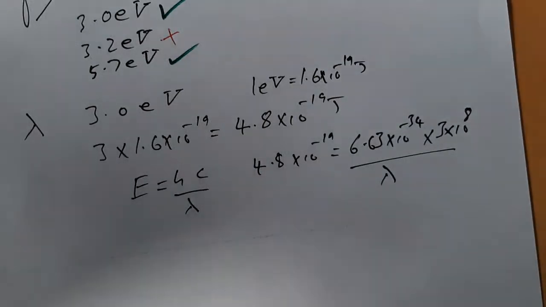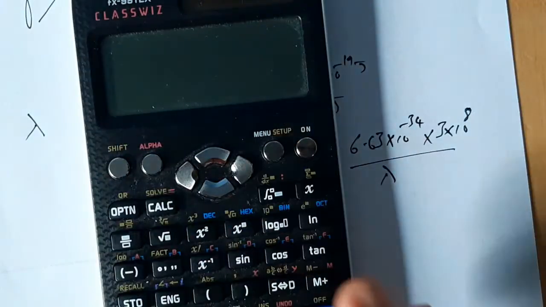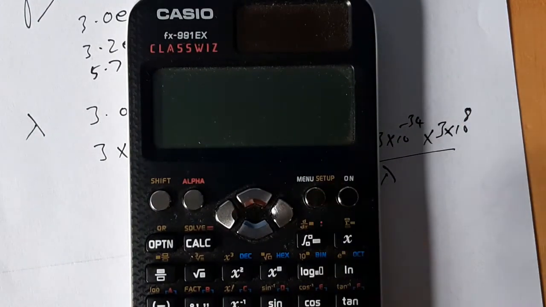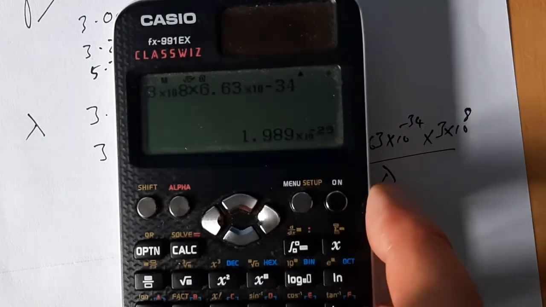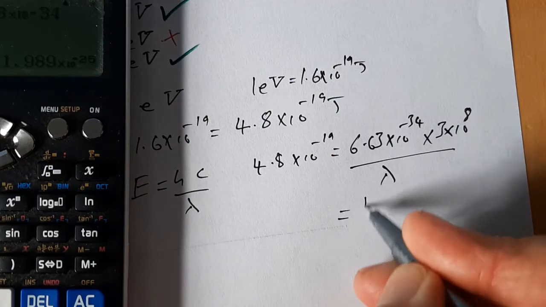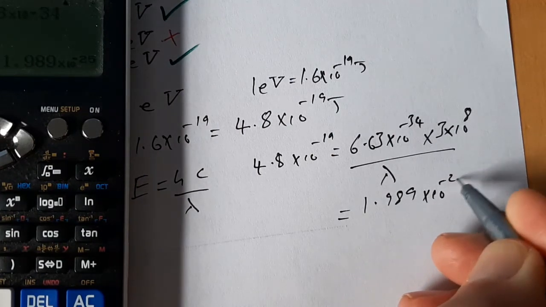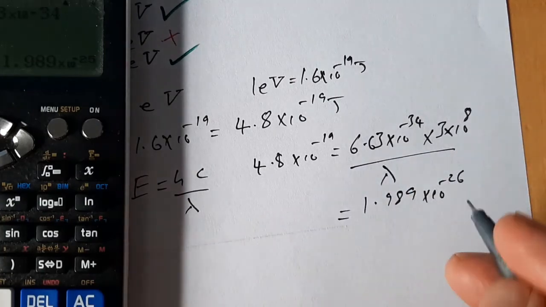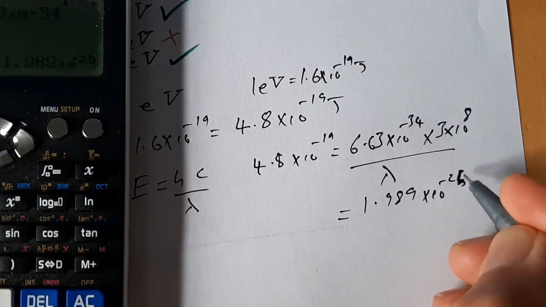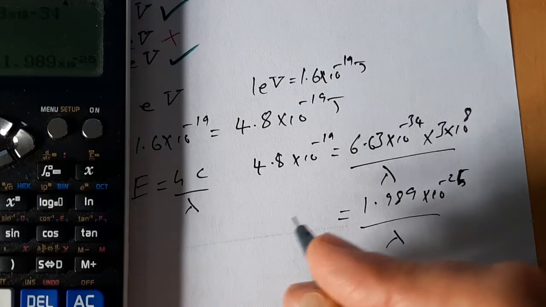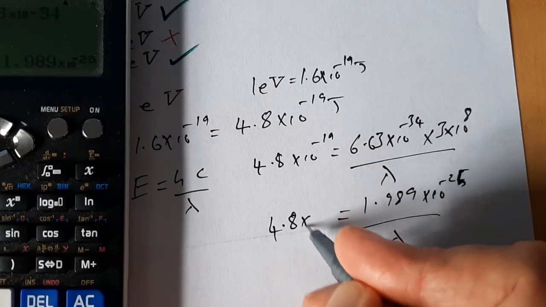So we're going to multiply those two numbers together and see what we get. 1.989 times 10 to the minus 25, actually, I just misread that, over lambda, 4.8 times 10 to the minus 19.